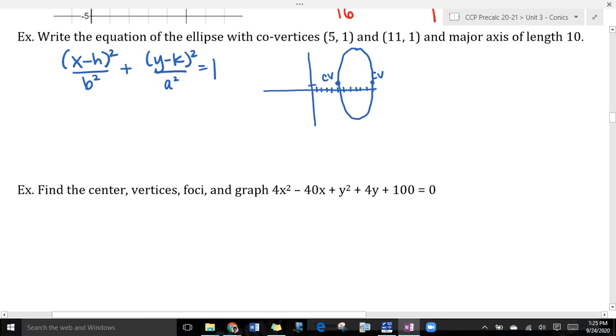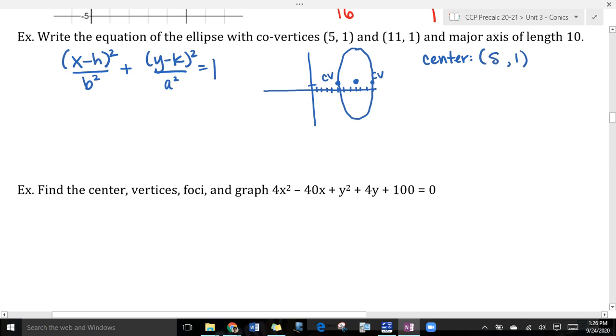All right, so let's go ahead and find that center. If I have one co-vertex at (5, 1) and another one at (11, 1), the center should be directly between those two. Definitely has a y value of 1, and the x value is the midpoint there. So if you can't calculate it, then just think about 5 plus 11, divided by 2, and you've got your midpoint.